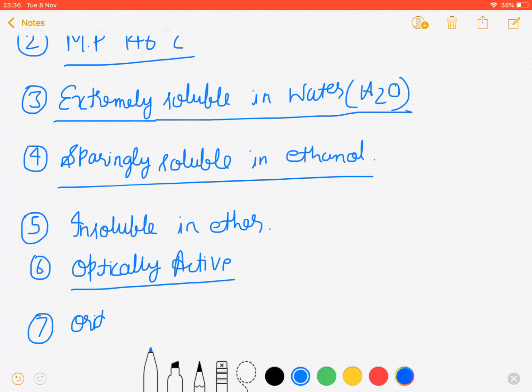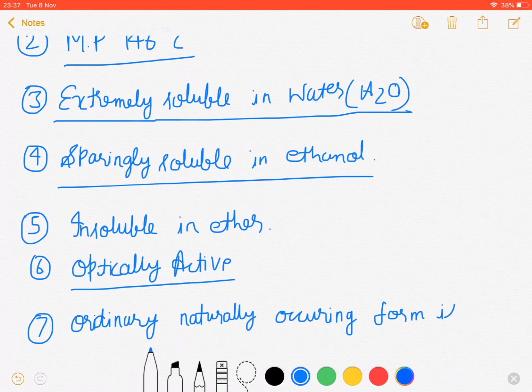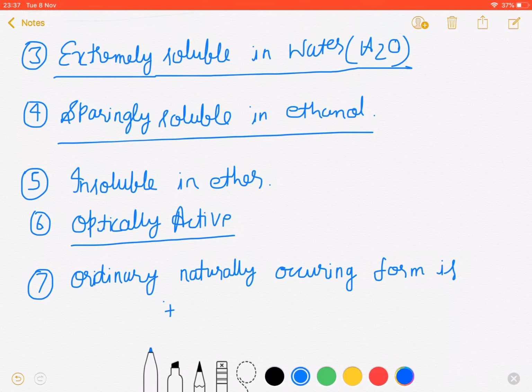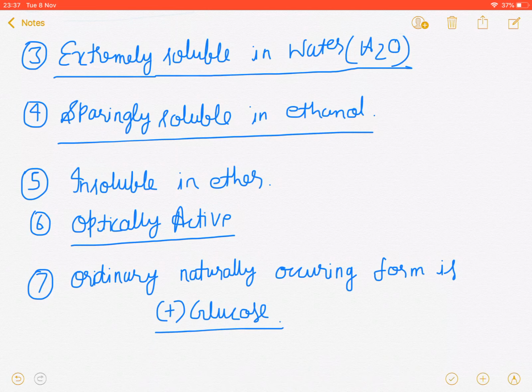Why is this plus glucose? Because the ordinary form of glucose, which is generally found in nature, rotates the plane of polarized light to the right direction. That's why.